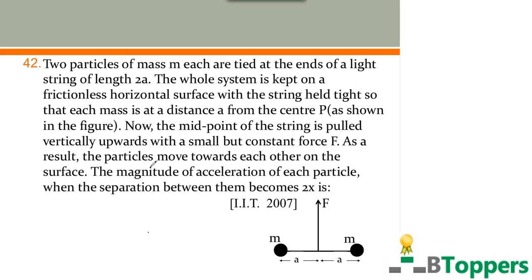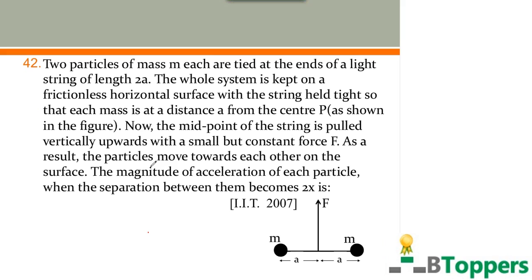Now the midpoint of the string is pulled vertically upwards with a small but constant force F. As a result, the particles move towards each other on the surface. What is the magnitude of acceleration of each particle when the separation between them becomes 2x?